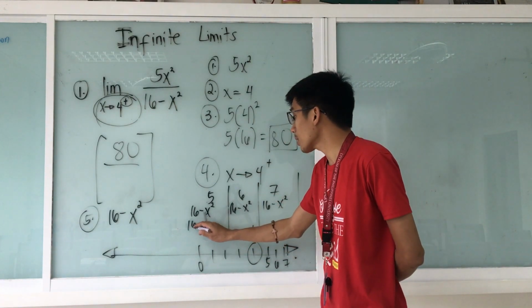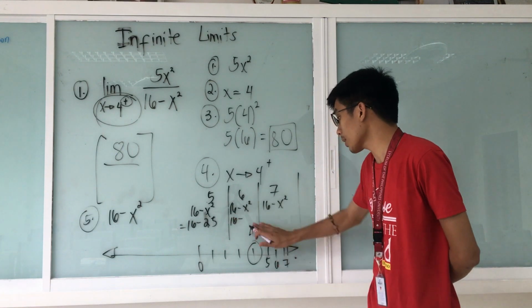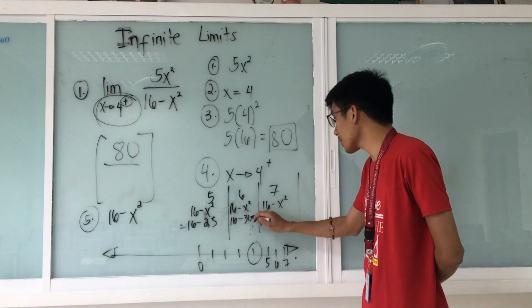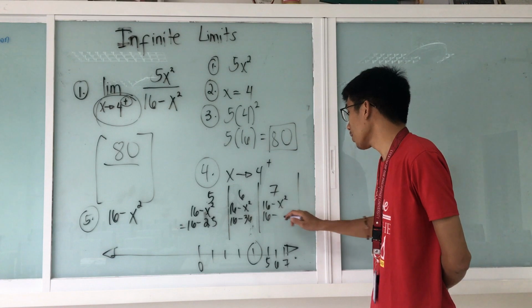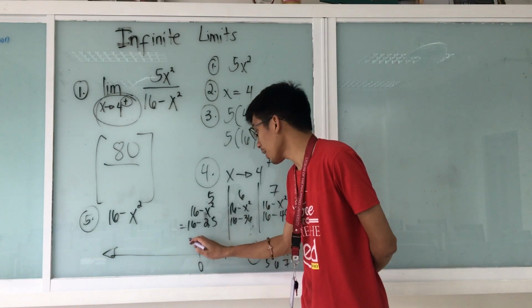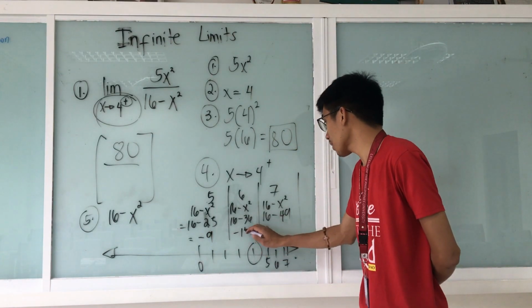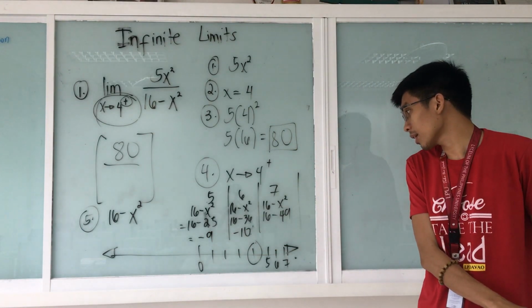It will become 16 minus 25, 16 minus 36, and 16 minus 49. It will become negative 9, negative 20, and negative 33.